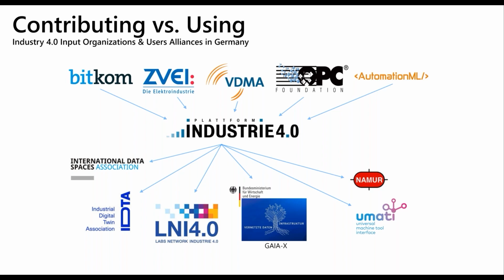And then there are the user organizations that are actually using the recommendations from the platform, and there's many of them. In fact, you get a lot more of these as Industry 4.0 solutions become more popular. Here are just a few that are the most popular, or the ones that are currently the busiest, let's say. Next week at Acima Pulse, we're going to hear more about Namur and how they're using OPC UA.